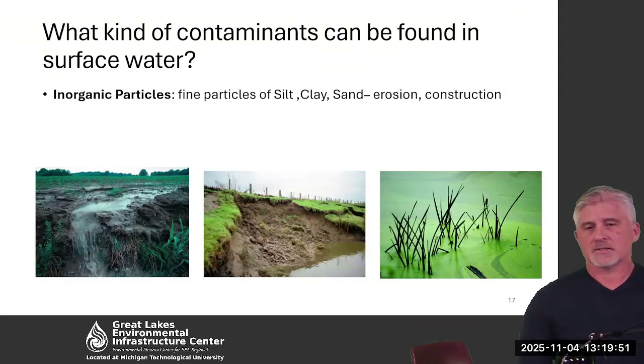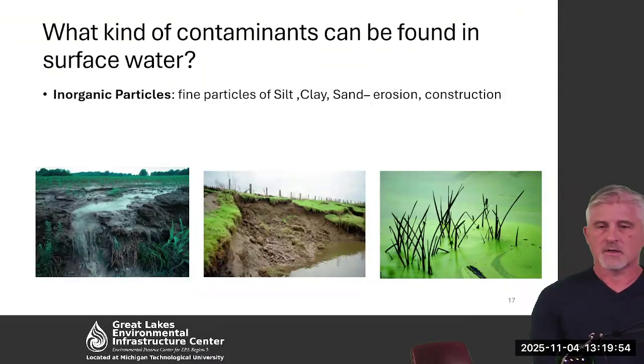There's several different kinds of contaminants that we can find in surface water. As you look at these photos, the one on the left, it looks like we've got a bit of runoff from a field, potentially some erosion. So we can pick up defined particles such as silt, clay, and sand through erosion, construction sites.